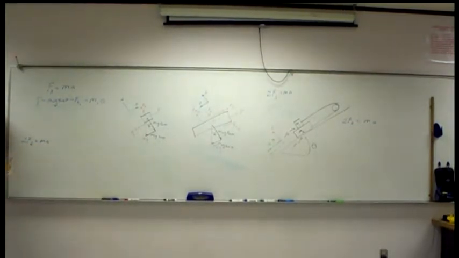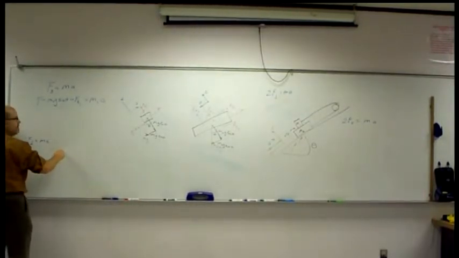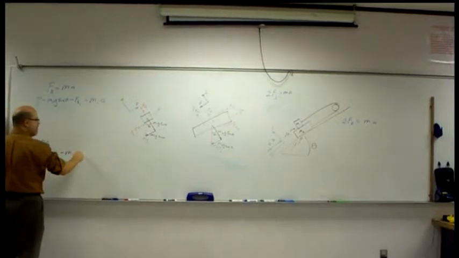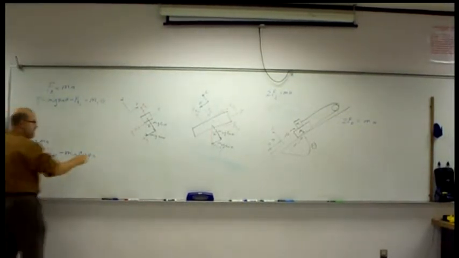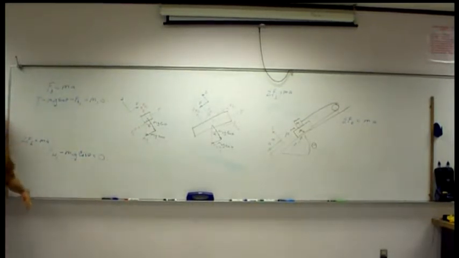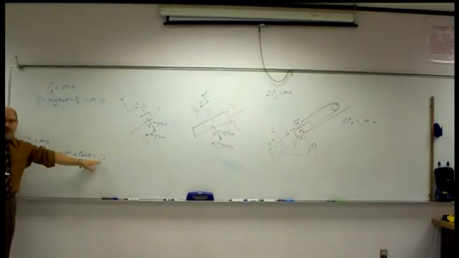What do we get? Force normal 1 minus m1g cosine theta equals what? 0. Now, everybody, do you see the reason why we set up our coordinate system this way? Because that's 0.